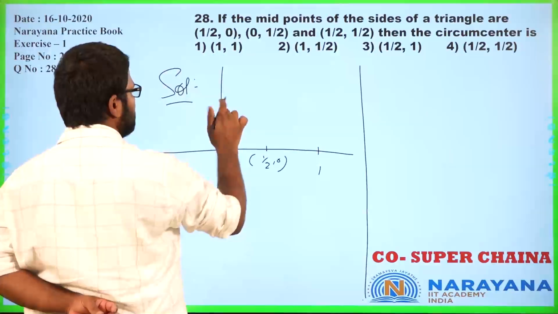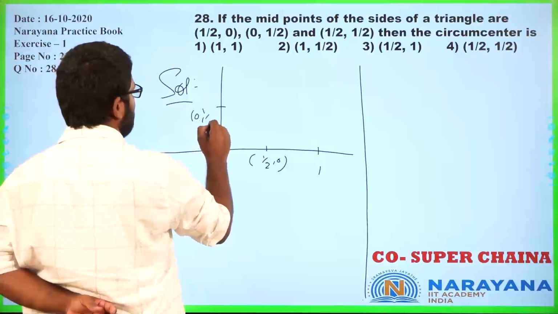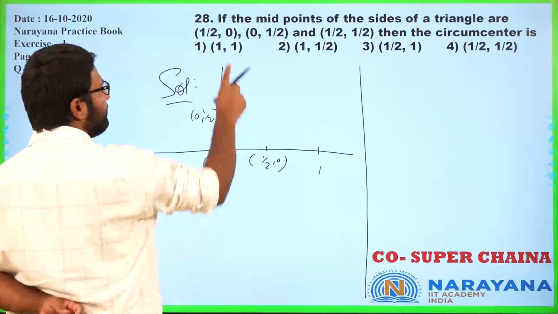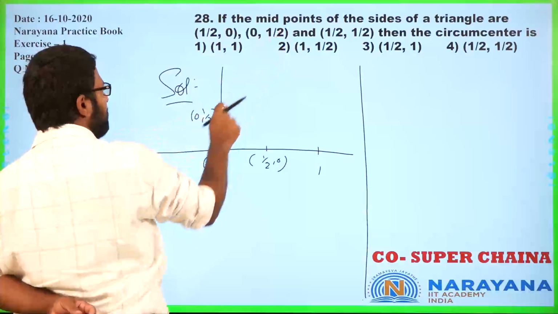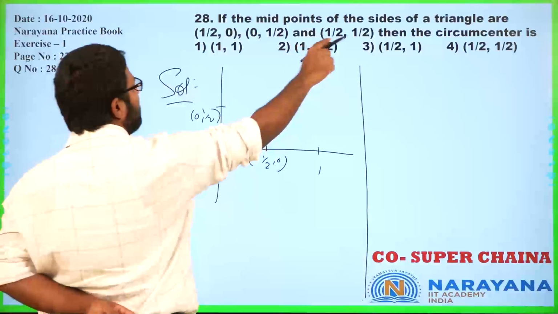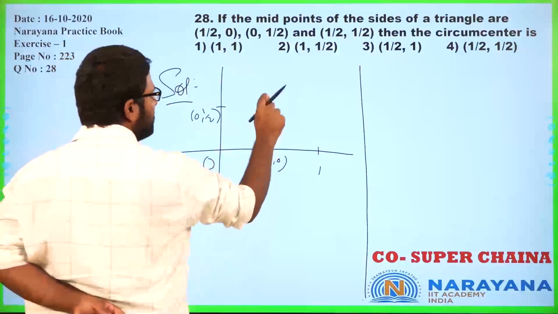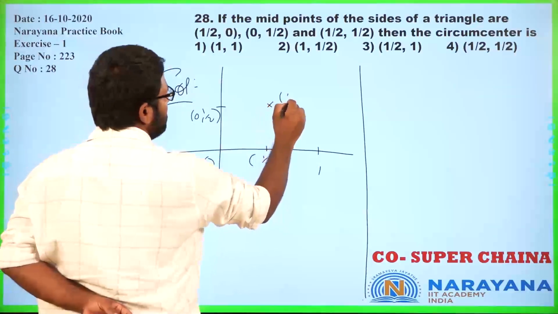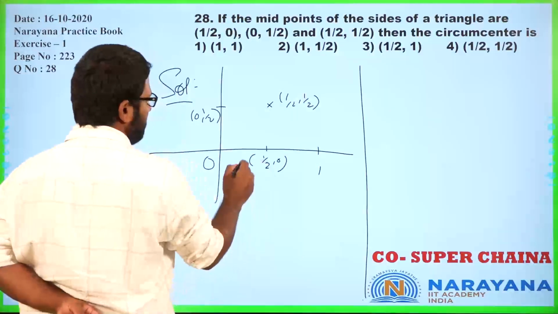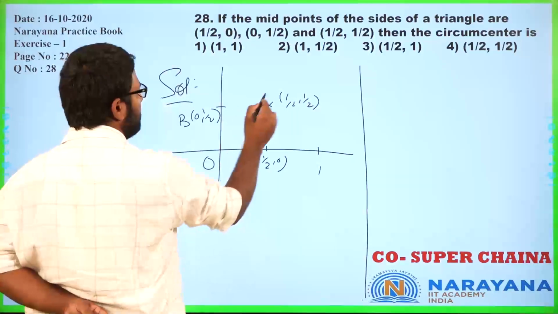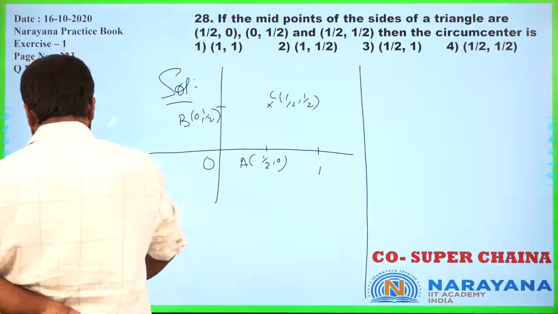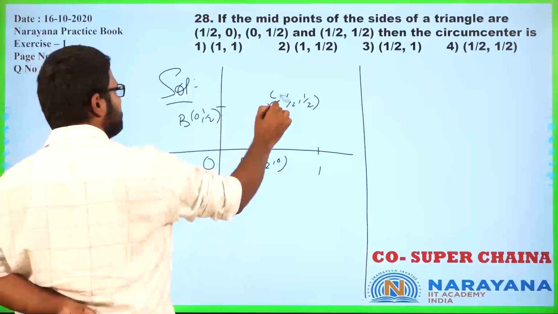So this distance is also half. Half comma 0 is on x axis, 0 comma half is on y axis, and half comma half, which means exactly above this point and right side of this point. This is half comma half. Label them A, B, C, right? These are the midpoints.